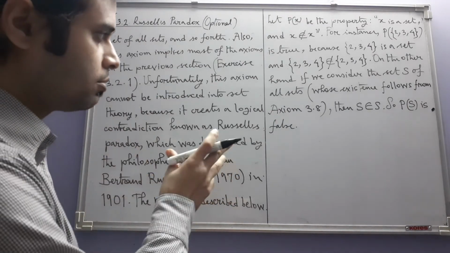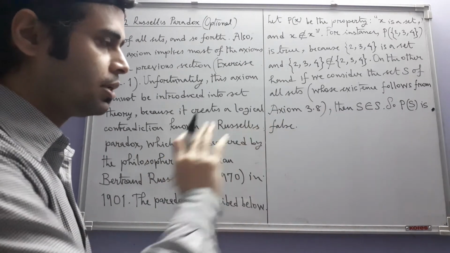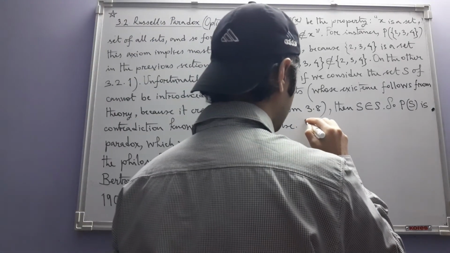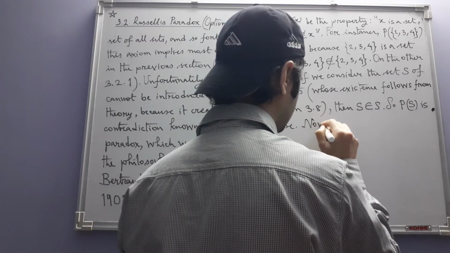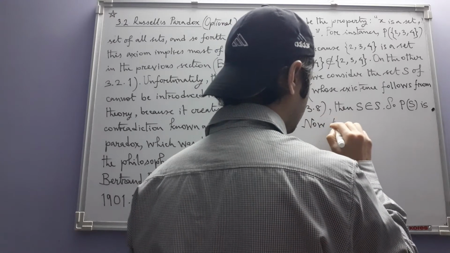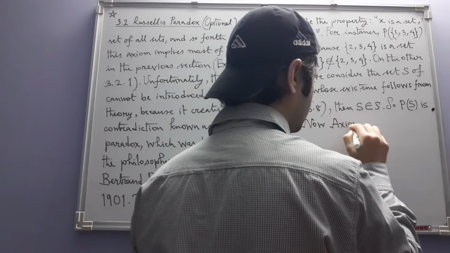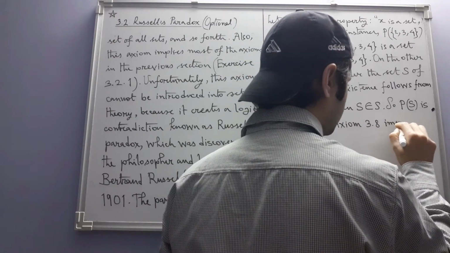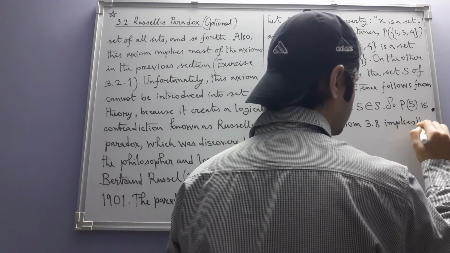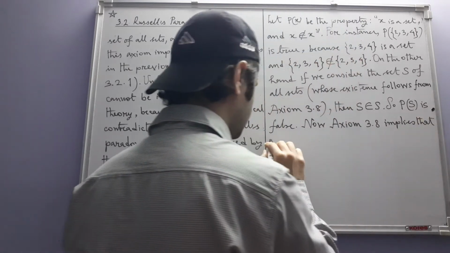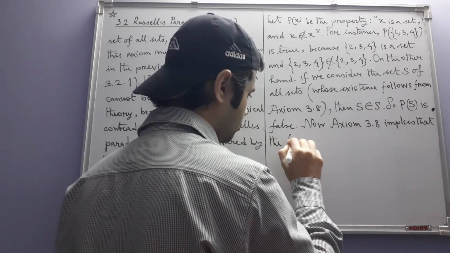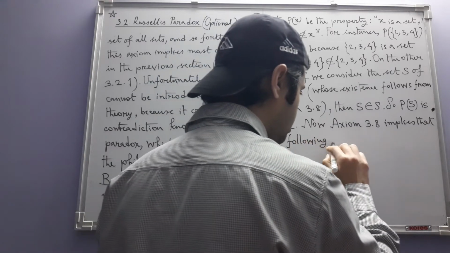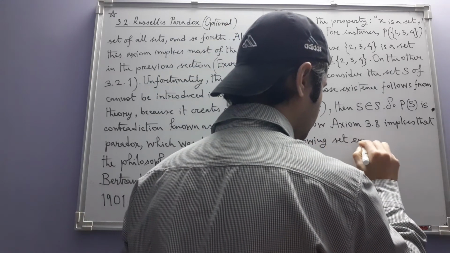We are going to write down a new set using axiom 3.8. Axiom 3.8 implies that the following set exists.